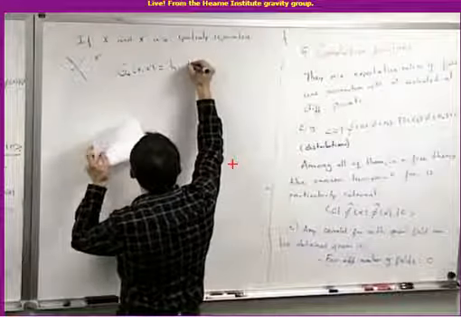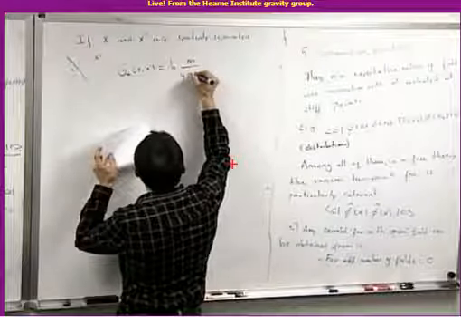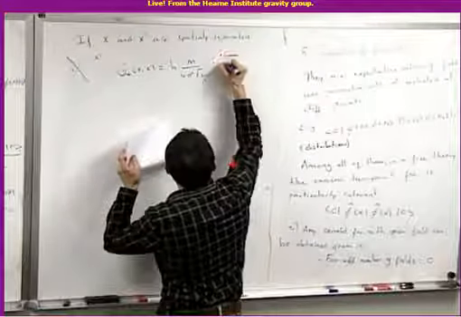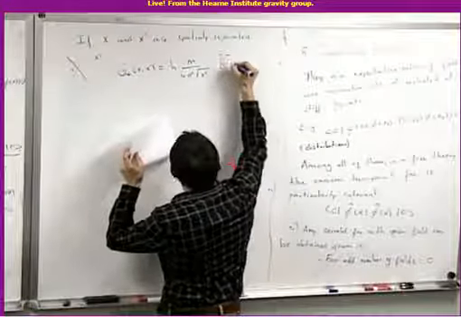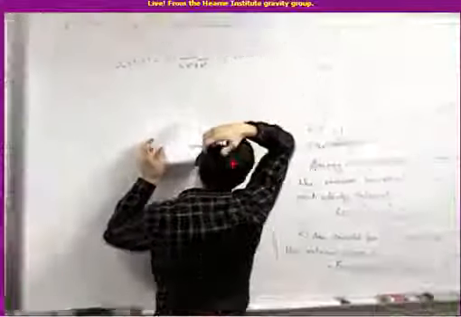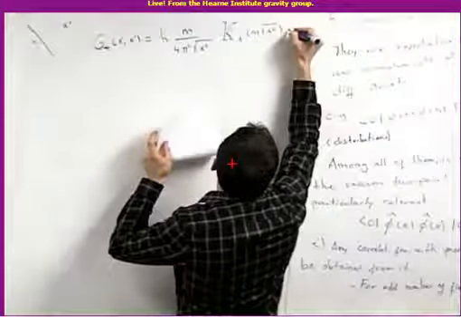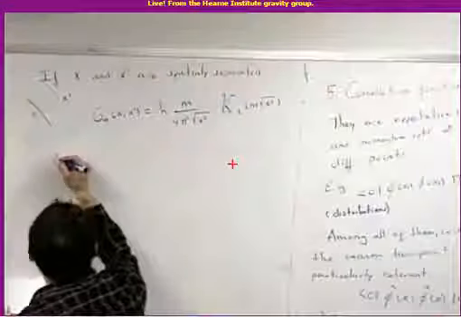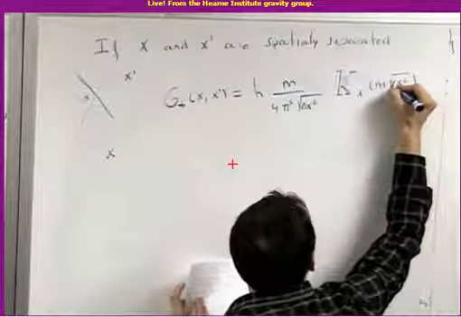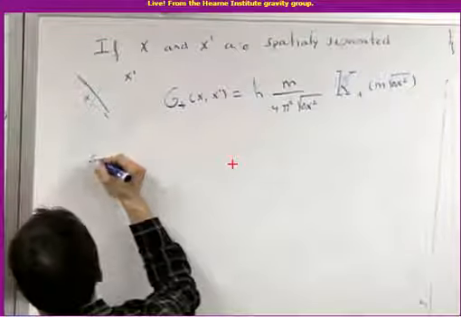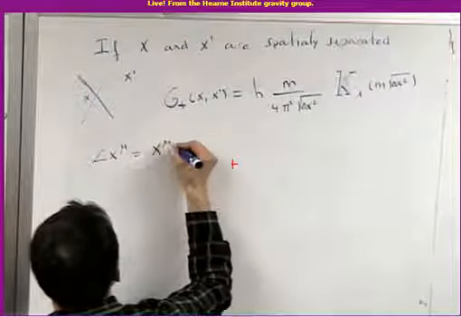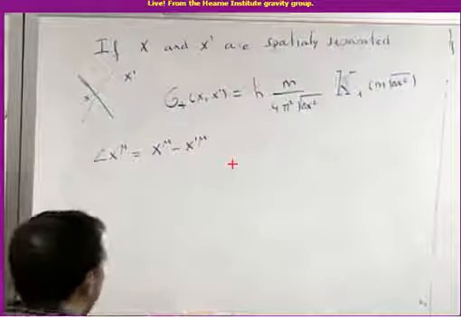And if I didn't forget any factor, this is given by the following: capital K1 of m root of delta x squared, where delta x is a vector with components given by the difference x minus x prime.